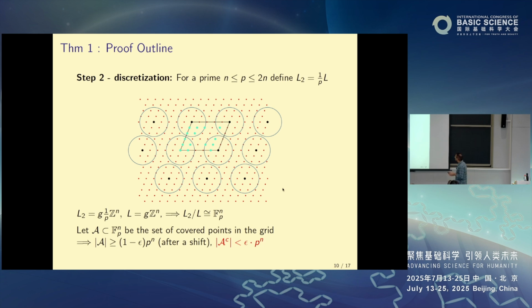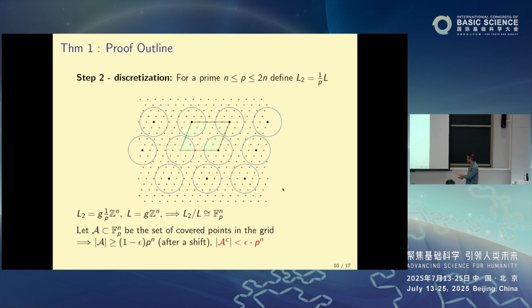Well, I have p to the n points inside the fundamental parallelepiped, and 1 minus epsilon fraction of it is already covered, right? So I expect about 1 minus epsilon times p to the n discrete points to be covered. Of course, I cannot guarantee this, but what is easy to show is that there must exist some shift of K such that if I put this shift around each lattice point, then at least this fraction will be covered.